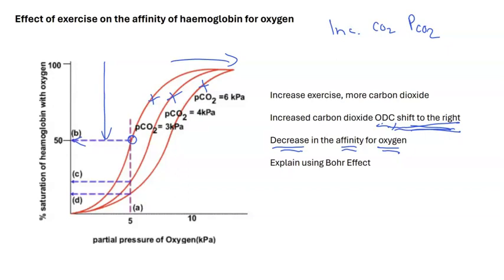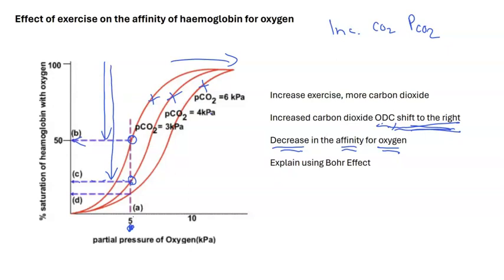But with 4 kilopascals, the curve shifts to the right and we encounter the 5 kilopascal of oxygen level here. So if we increase the carbon dioxide level, the curve shifts to the right, and in the tissues where the partial pressure is 5 kilopascals, now we're going to unload even more oxygen.